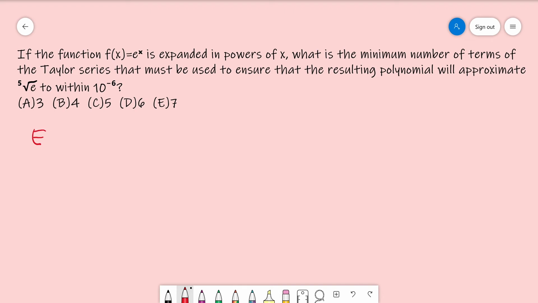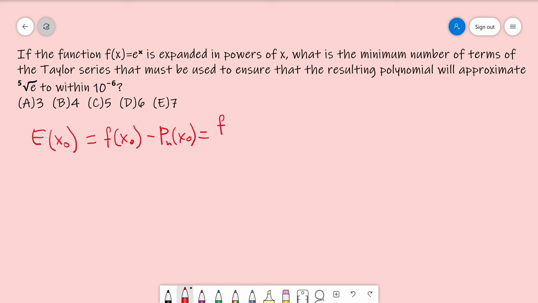polynomial, then the error term at some point, call it x naught, which is defined as the actual value of the function at x naught minus the nth degree Taylor polynomial evaluated at x naught, is going to be the n plus first term of the expansion, the one that we truncated.